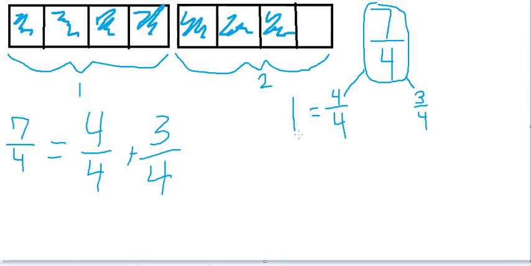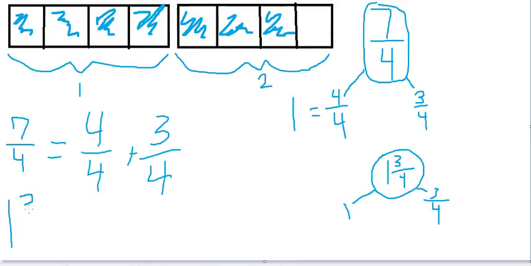So what is another way to write our number bond? 7/4 is our whole, and then 1 and 3/4. We could write our new number sentence, or addition sentence, as well.